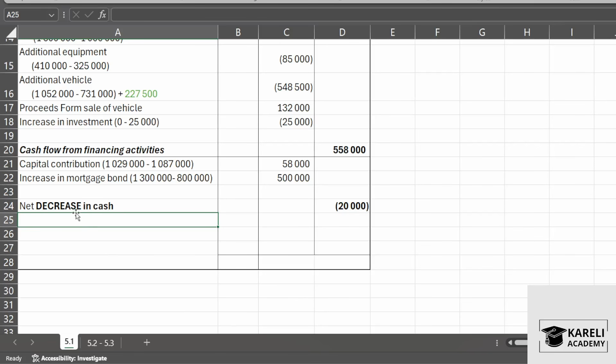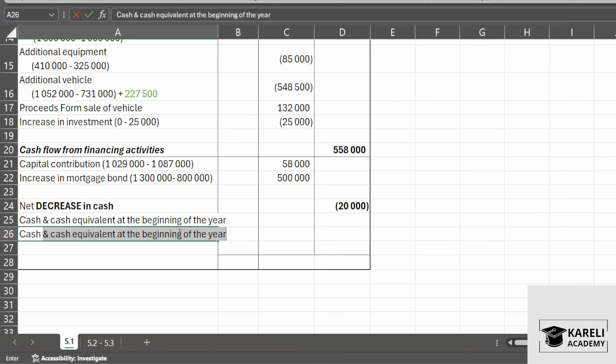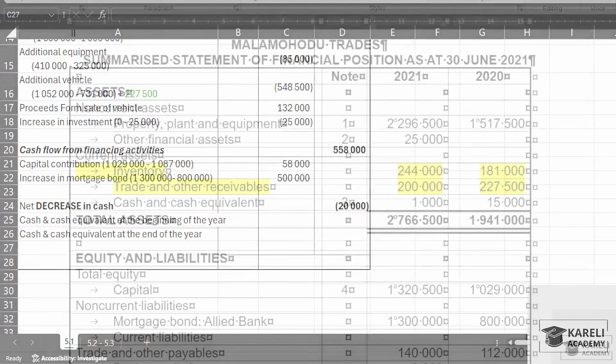And then we now have cash and cash equivalents at the beginning of the year, and also cash and cash equivalents at the end of the year. Now we go back to the question paper to check our cash and cash equivalents.